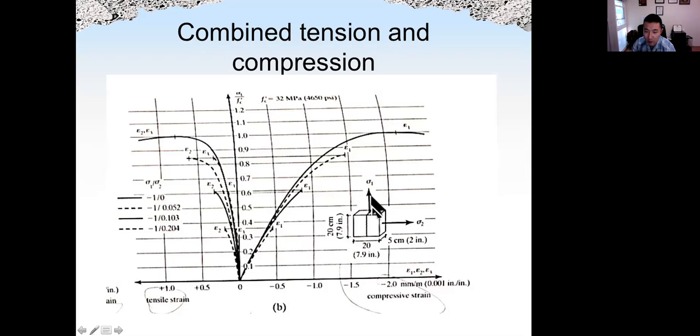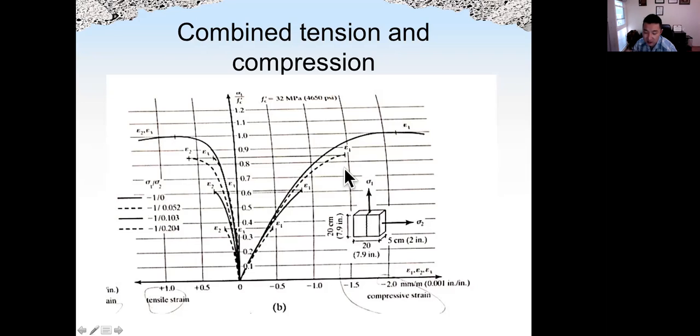So under compression in sigma 1, sigma 2 is under tension. Okay. Again, showing us 4 different levels. Sigma 2 is from 0 to 5% to 10% to 20% tension.